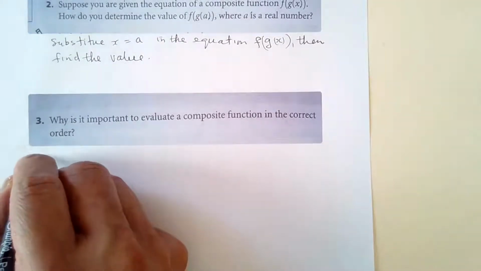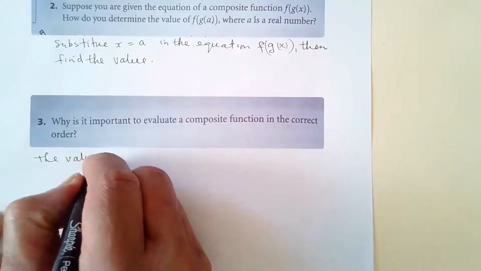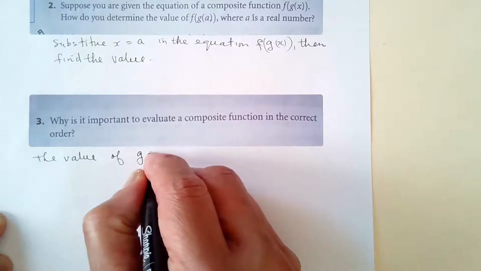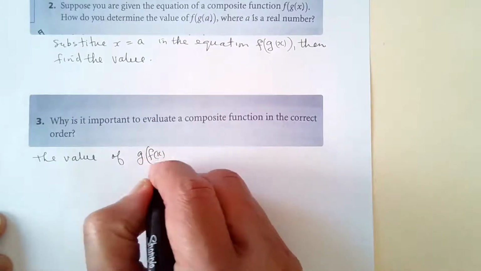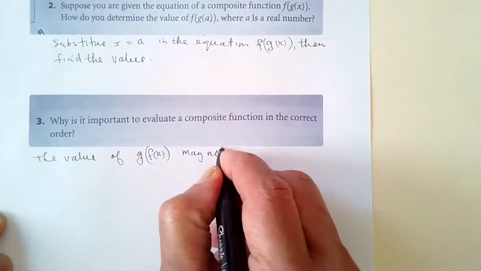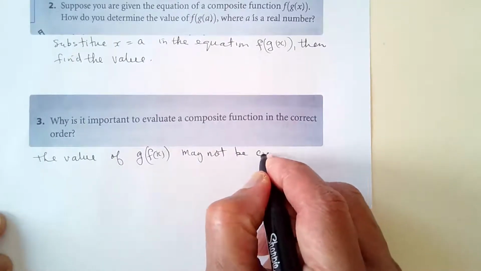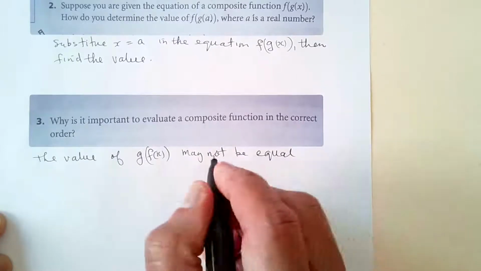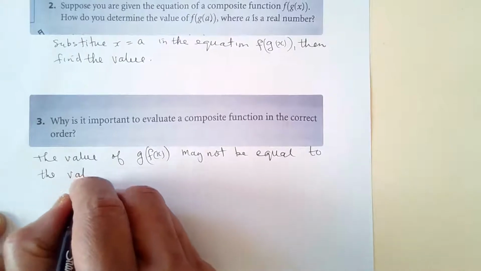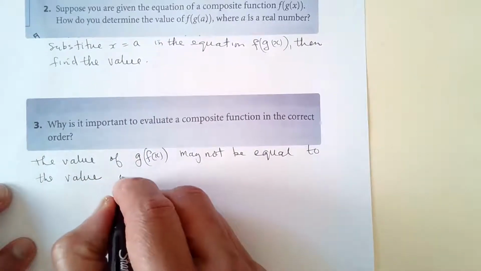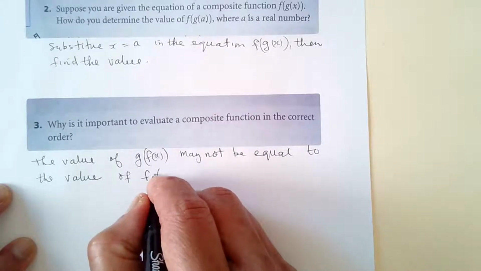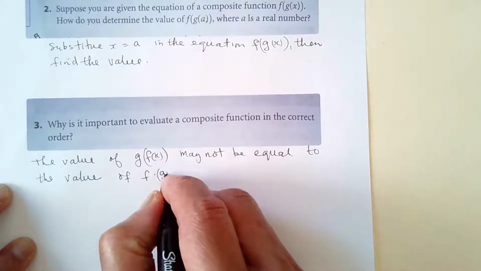So because the value of g of f of x at x may not be equal to the value of f of g of x.